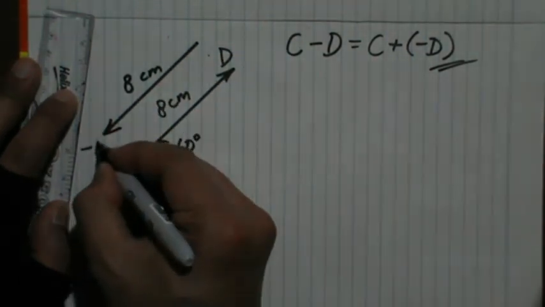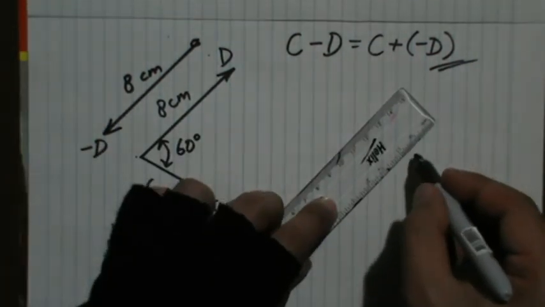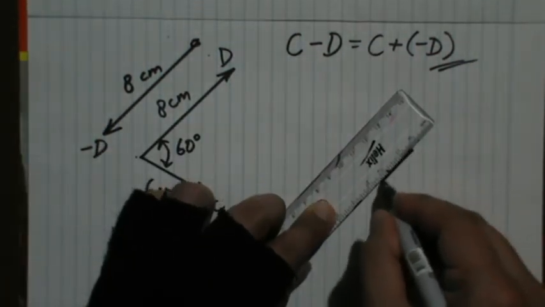So this is minus D. Now we will add minus D and vector C here.